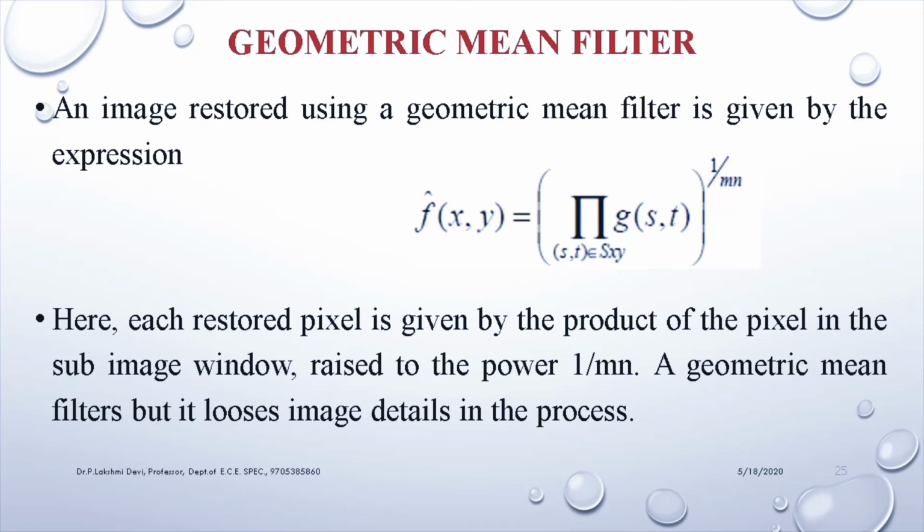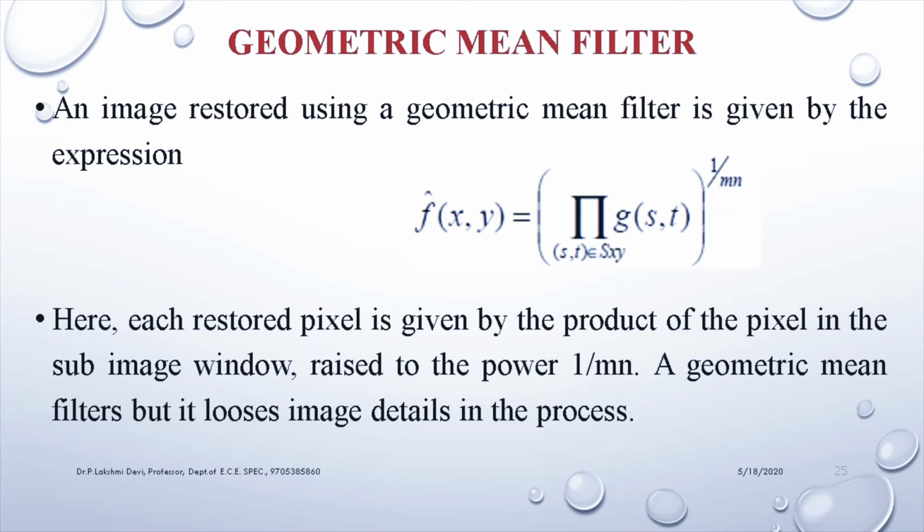The second mean filter is the geometric mean filter. An image restored using a geometric mean filter is given by f cap of xy equals the product over st belonging to Sxy of g of st, raised to the power of 1 by mn.